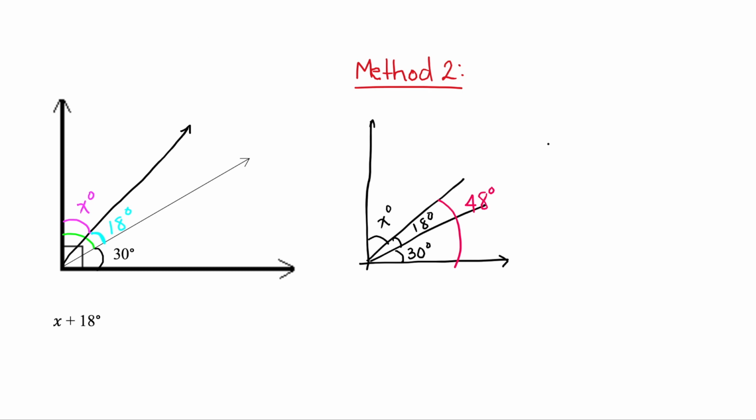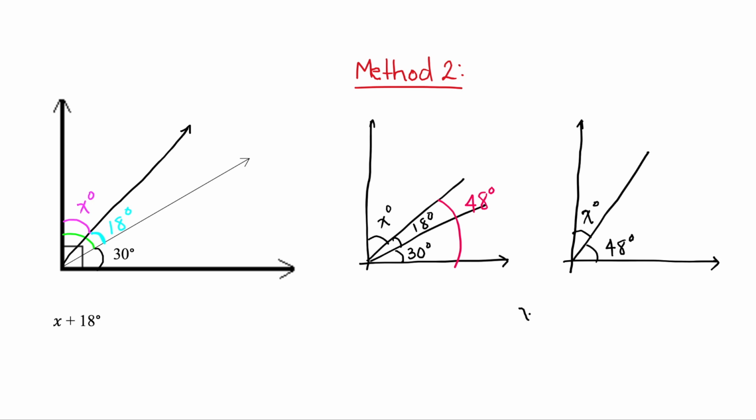So that means that I can write this like this. I can say that I have now an angle that is x degrees and another angle that is 48 degrees. Okay, and then I can say, okay, what is going to be x? x is going to be equal to 42.